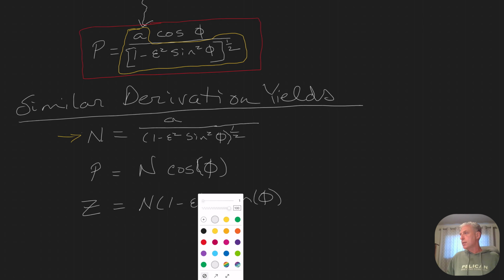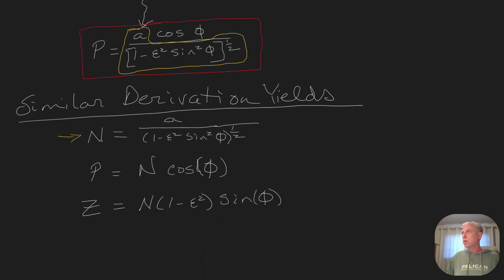So these are the formulae you should keep in your notes. They will be very handy. And at some point you might be asked to derive another one of those.